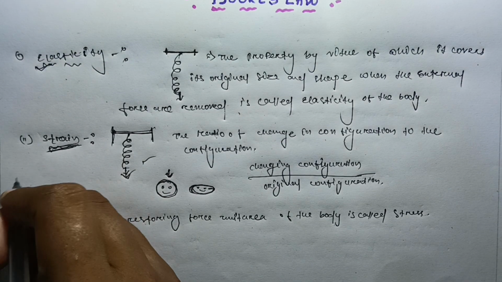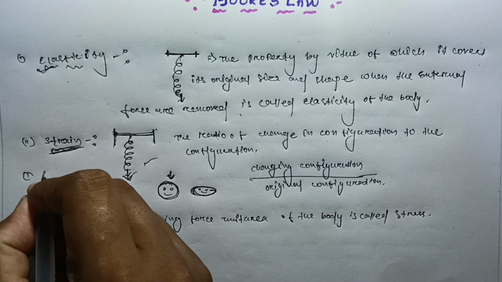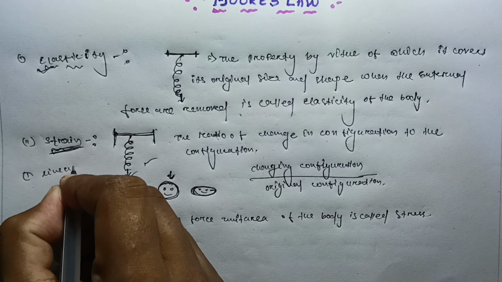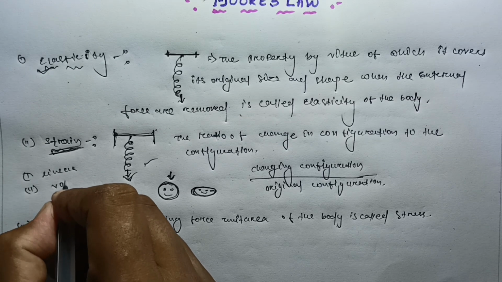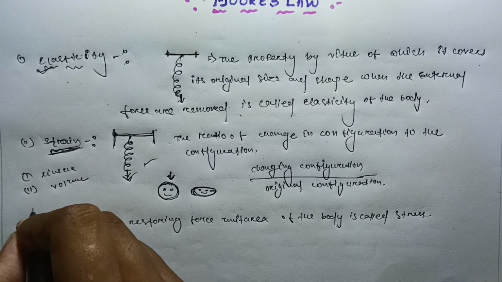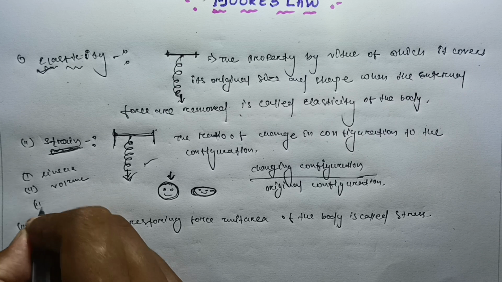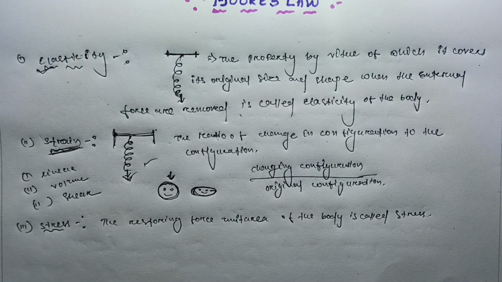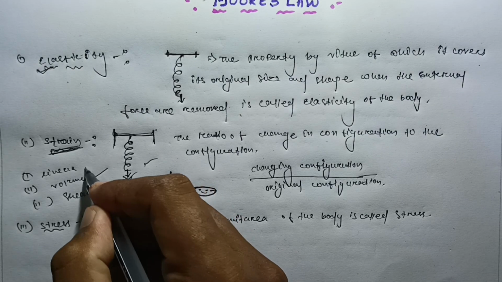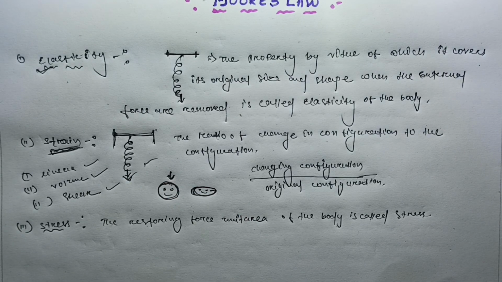One is linear, second is volume, and third is shear, right? So strain is divided into three types: volume strain, linear strain, and shear strain, right?